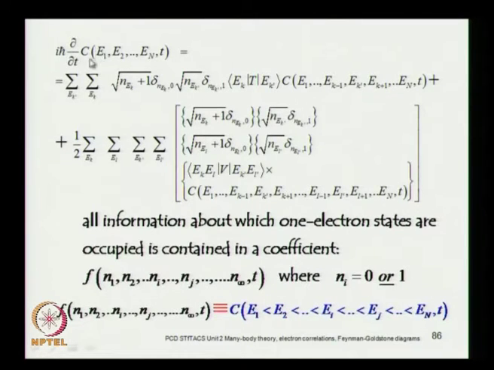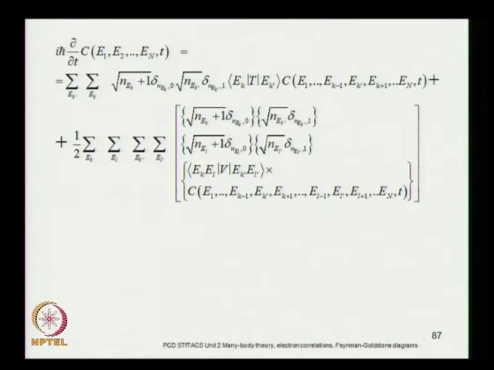So, now instead of these coefficients C, with the information we now have about these occupation numbers, we can now replace these coefficients C by the coefficients F and go over to the occupation space vector. So, let us do that.